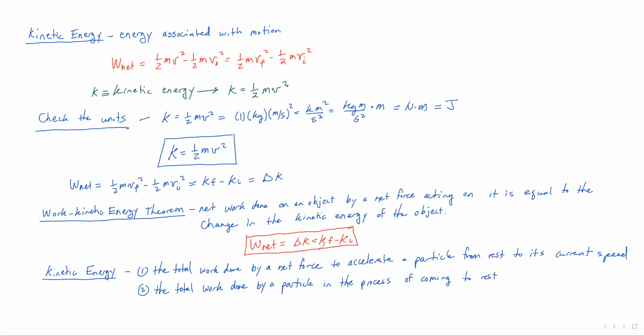So in one case, we look at it where the force is doing the work. In the other case, we look at it where the particle is doing the work. And really the force is doing the work, but whatever's applying the force is doing the work. But it's the same thing. The reason you do it for rest is we're looking at a single kinetic energy. So if your K is something and there's just 0 there, right? It's the work done to get from 0 to this value.